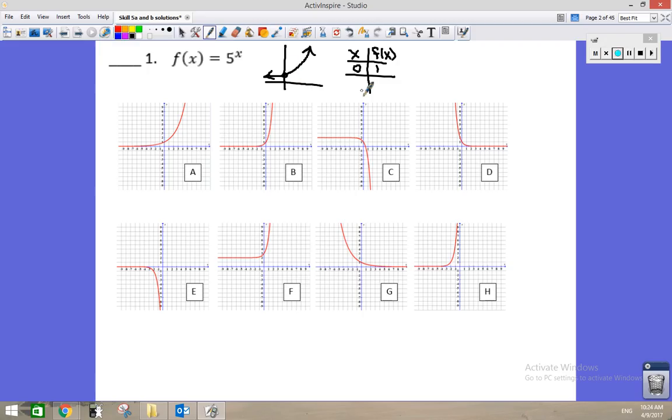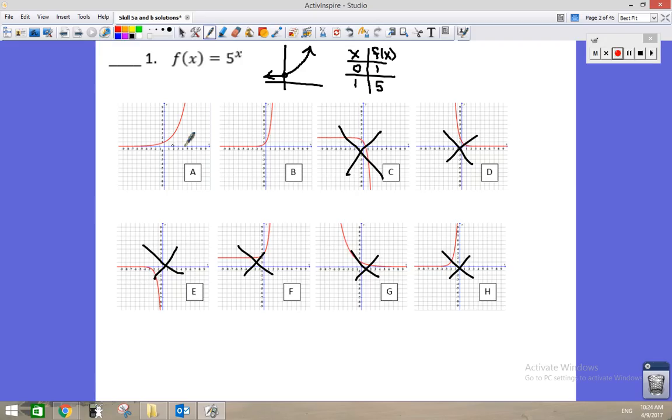But if x is 1, it's also passing through the point 5. This one doesn't even have the shape I'm looking for. This one's decreasing. That one's below the x-axis. That's been lifted up. That's decreasing. That's been shifted to the left.